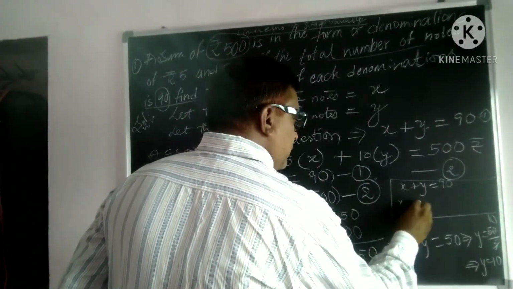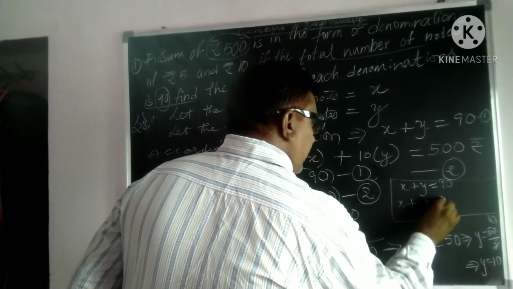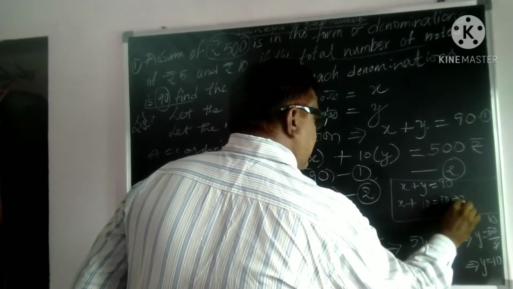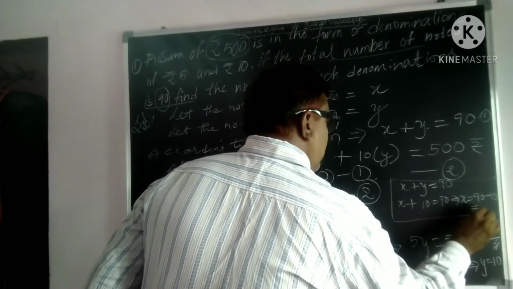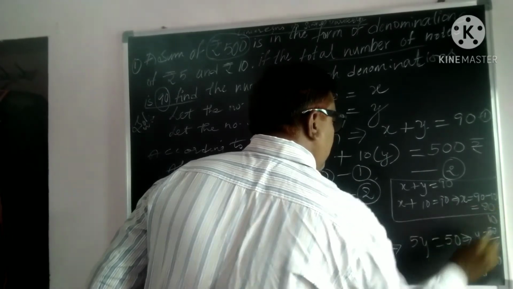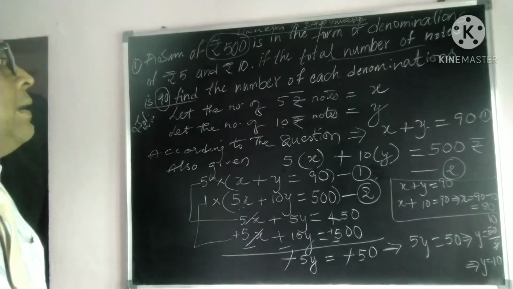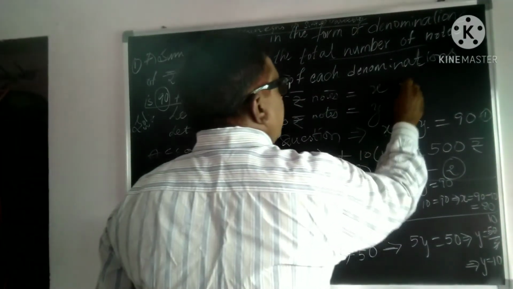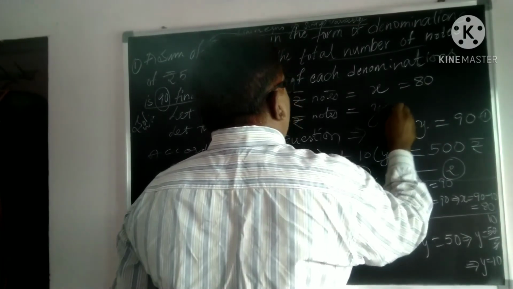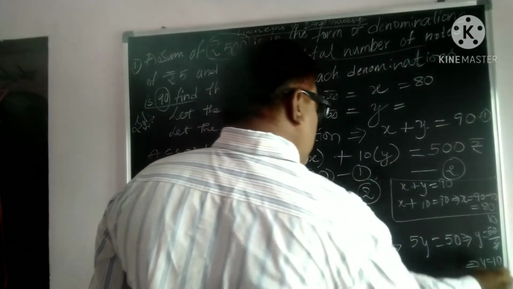So x plus 10 is equal to 90, which implies x is equal to 90 minus 10, which is 80. So the number of 5 rupees notes is equal to 80 and the number of 10 rupees notes is equal to 10.